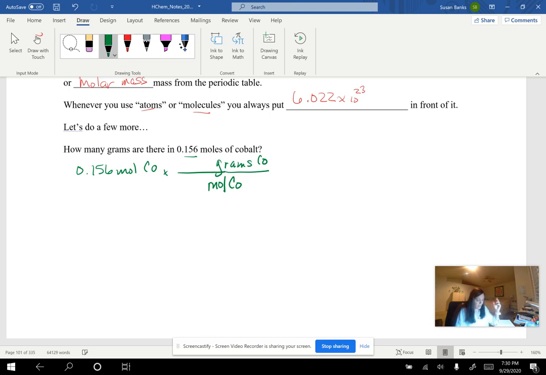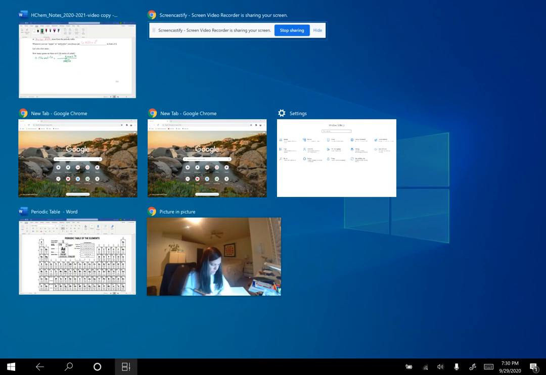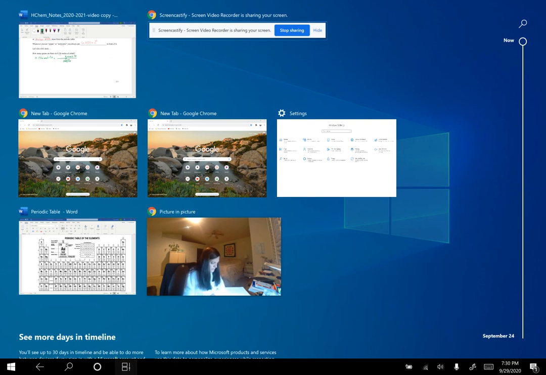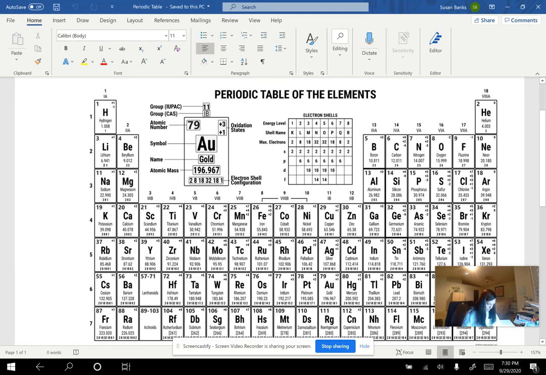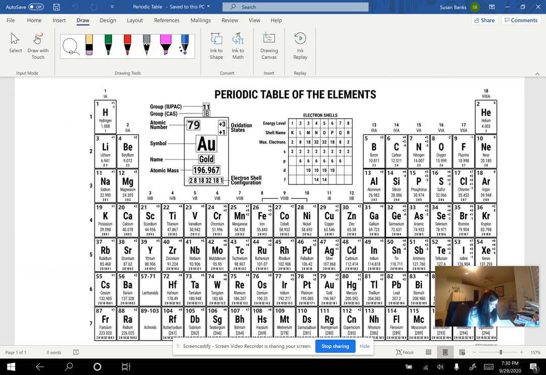The thing is, I don't have the molar mass or the atomic mass of cobalt memorized. So I'm going to have to look at the periodic table. So let's look at the periodic table really quick. So when I look at the periodic table and I find cobalt, let's highlight cobalt.